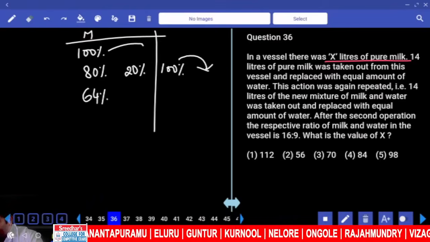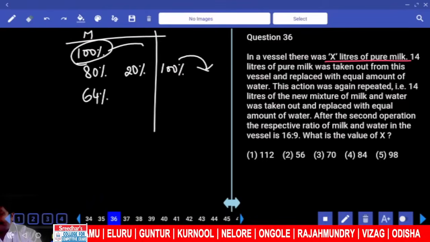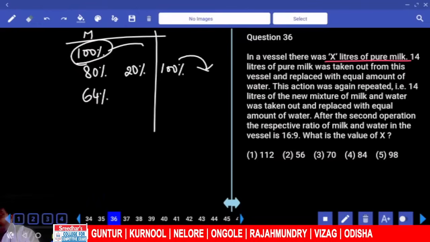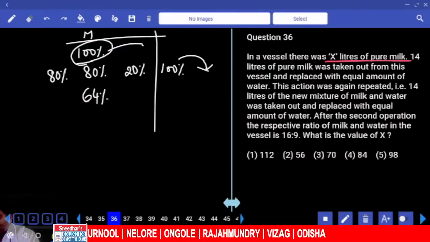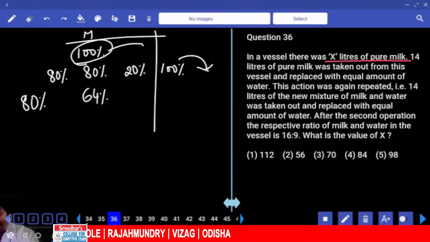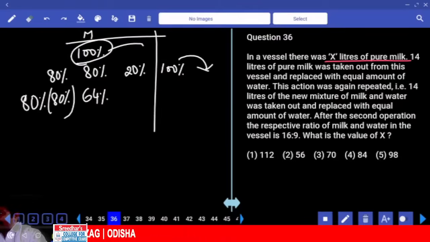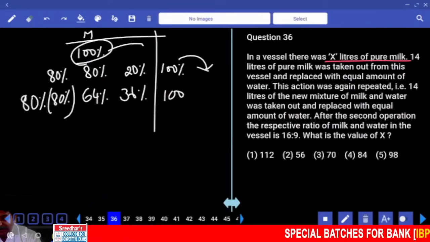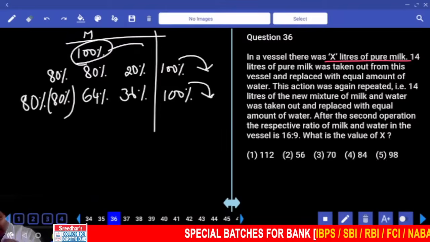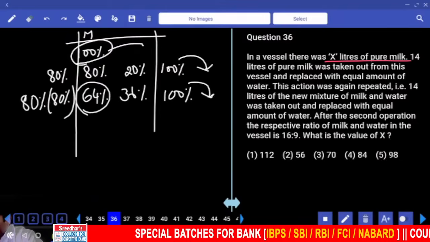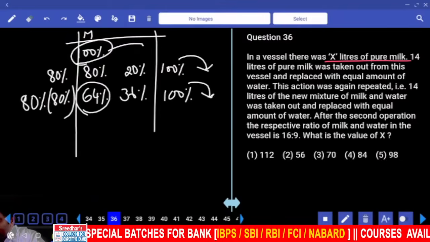Remaining 64. Now if you observe, 20% is taken out. How much do you have? 80%. Again 20% goes out. How much will you have? 80% of 80%, which is equal to 64. You understand? Again from this total, there will be 36% of water now. Again from this, if you take 20% out, what is 10%? 20%.